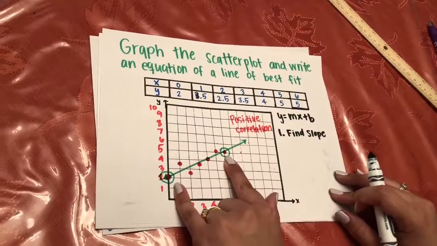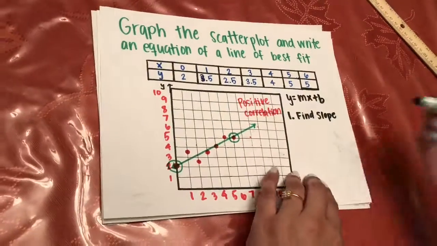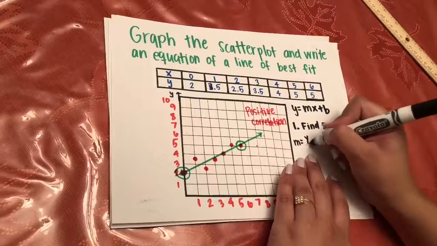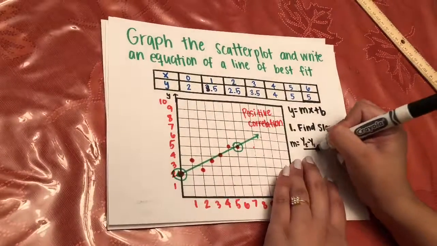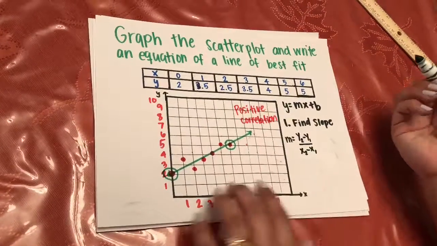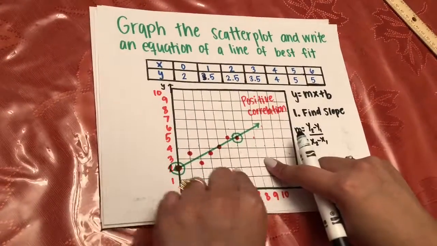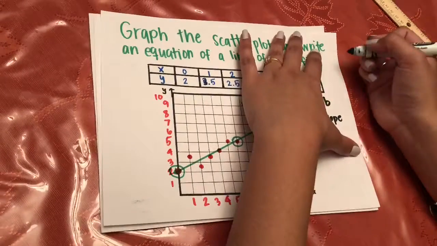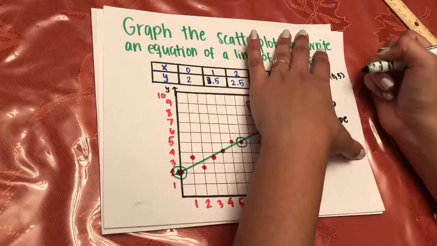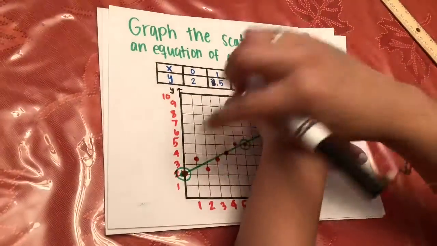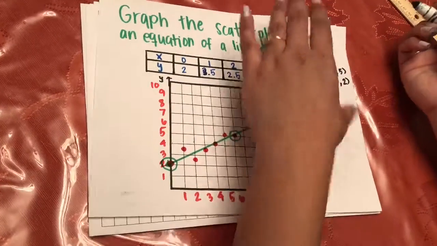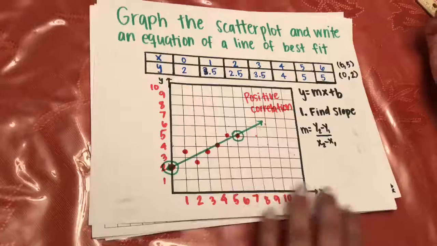Using the slope formula, which is m equals y2 minus y1 over x2 minus x1. So remember, my points that I chose right here are 6, 5, and 0, 2.